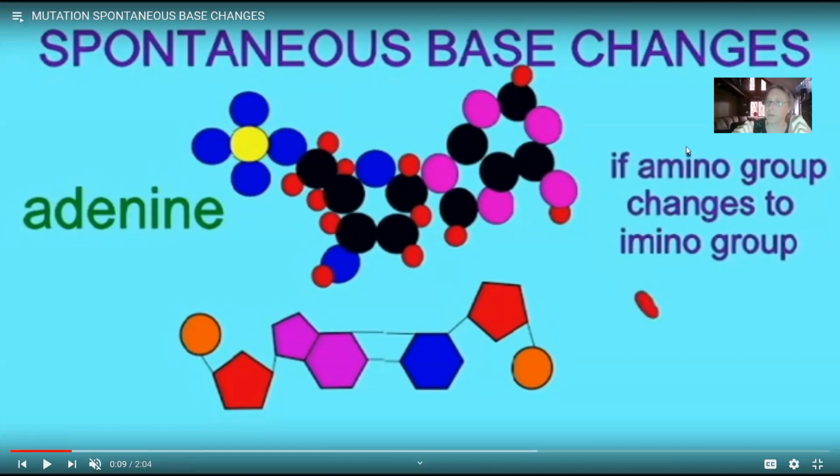These molecules will sometimes change their conformation, lose a hydrogen, gain a hydrogen. And so an amino group, which is NH2, can change to an amino group which has a double bond and is NH. It happens. It's just a spontaneous base change.